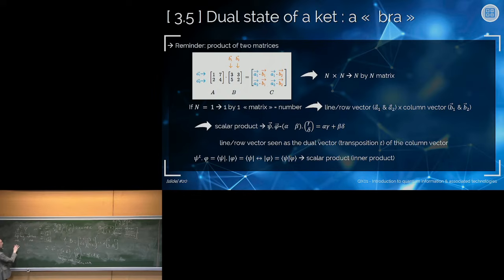And now I have to define another quantity in the dual space, the left-hand side space, which is not symmetrical to this one. And I write it like so. So it's the equivalent of that, but flipped over. And this is what we call a bra. So why do we call this a bra and a ket?